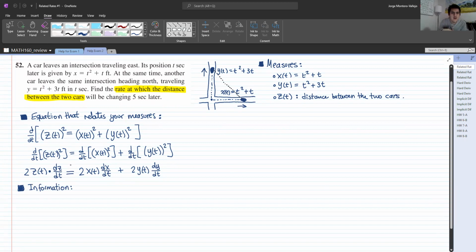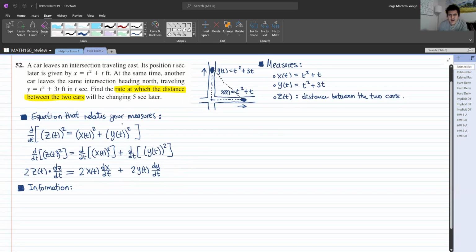Sometimes you're given some terms in the equation in a written way. They say the rate of this is that, the length of this is that, and you must interpret that as, oh, this is x(t), this is dy/dt, and so on. You want to write that down somewhere before you go to your differentiated equation, this one, and plug in stuff, right? Well, it doesn't look like we have much information.